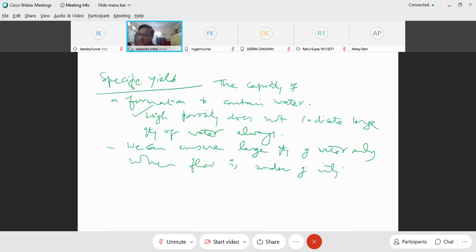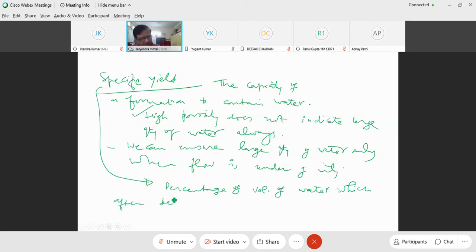So specific yield basically is defined as percentage of volume of water which after being saturated can be drained by gravity of the total volume of aquifer.